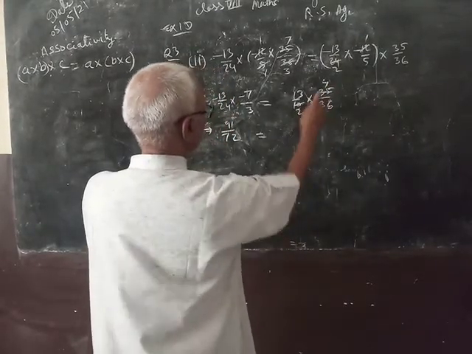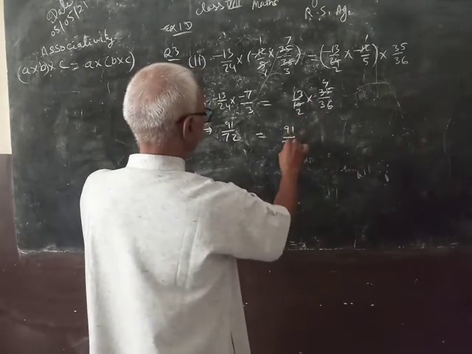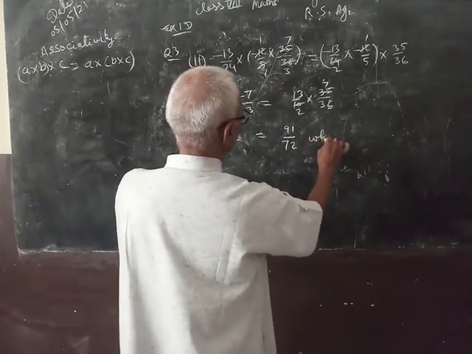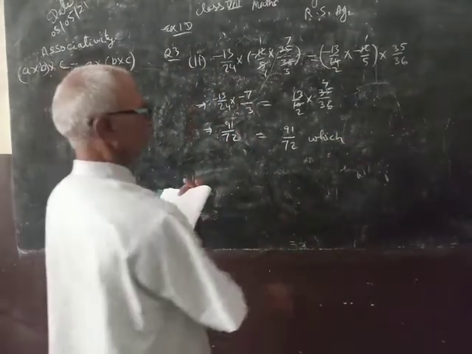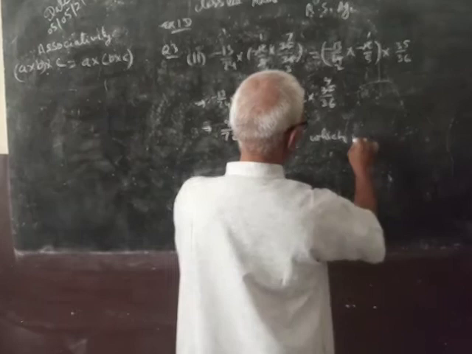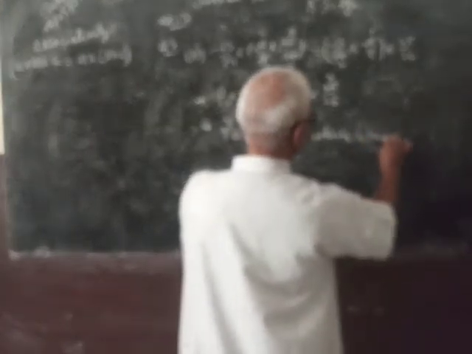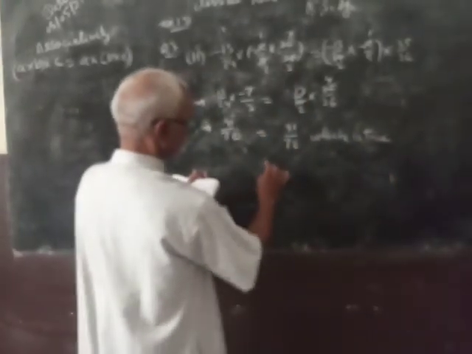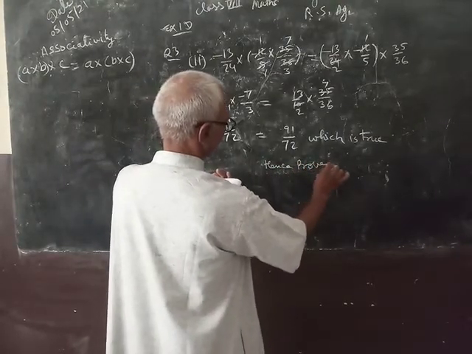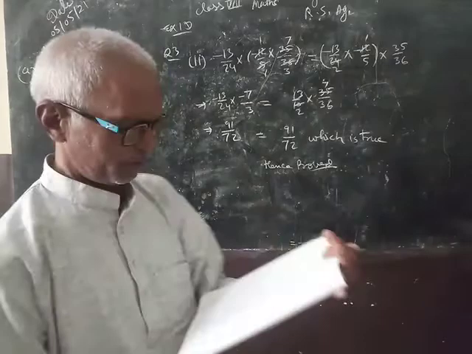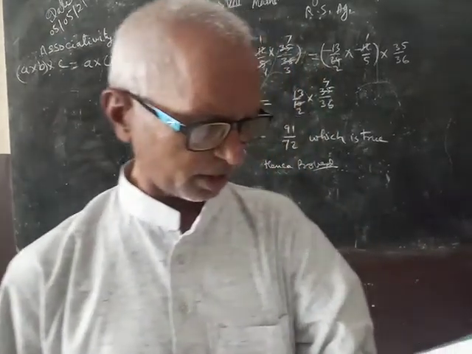So it becomes 13 7 ja, 91 upon 72, which is true. Because you see the left hand side and right hand side come the same, which is true. Hence proved. This is question number 3.